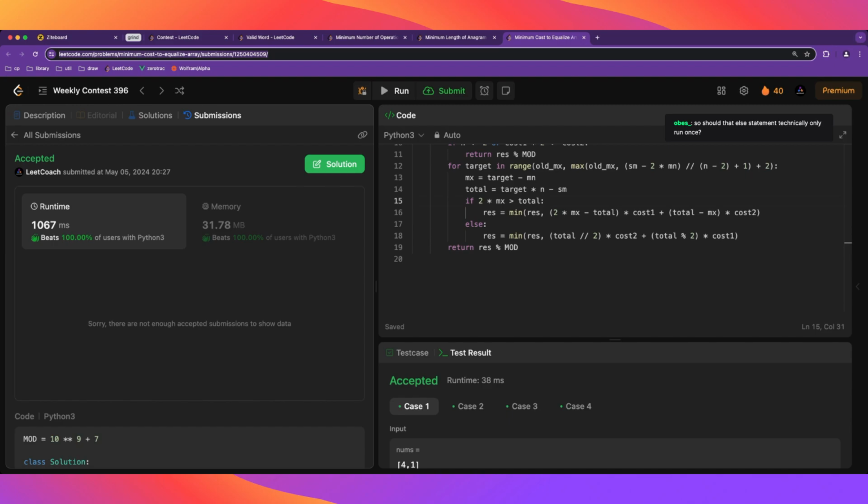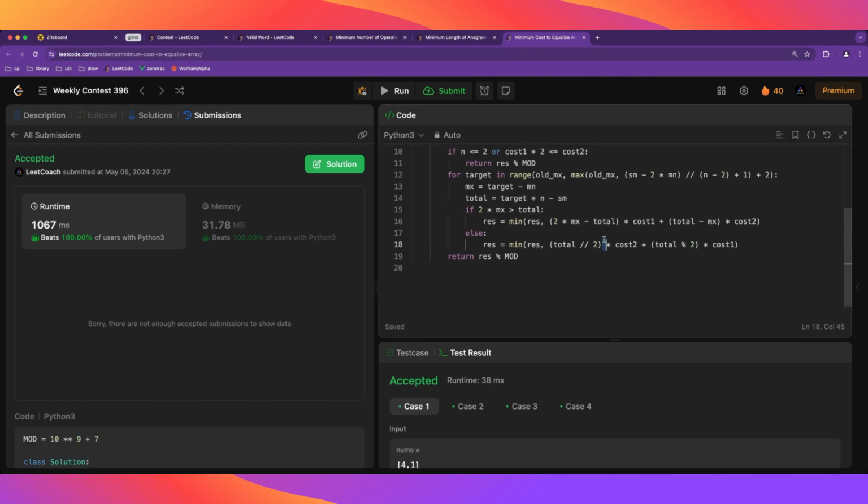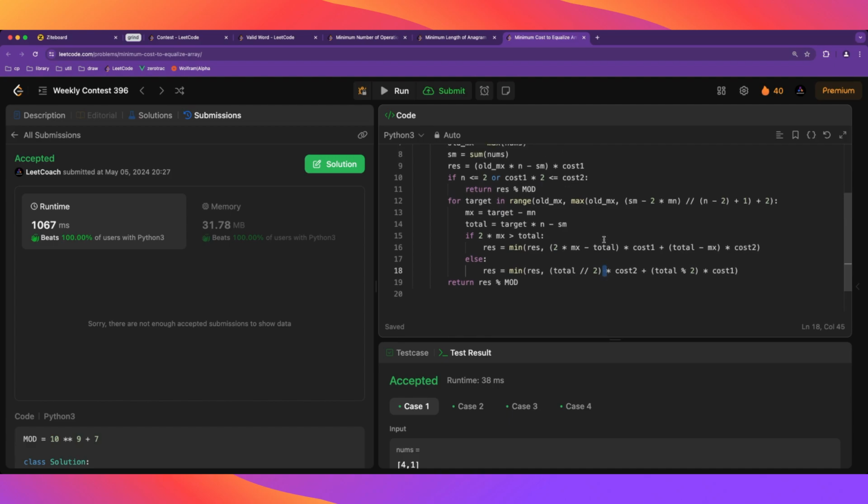So should the else statement technically run once? Well, twice. But yeah, I see your point. Yeah, I guess we could structure this in a different way with a for loop.